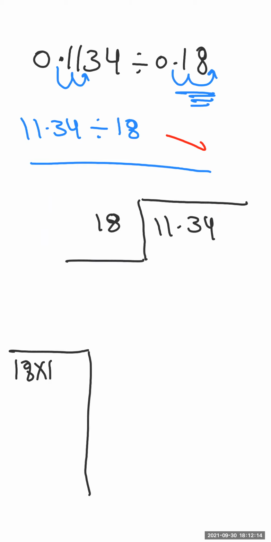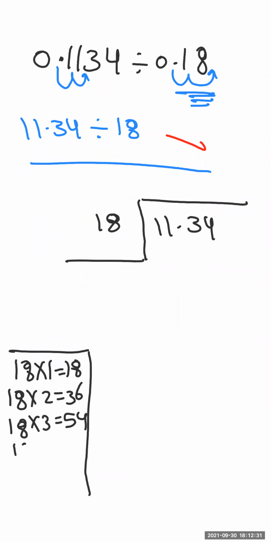18 times 1 equals 18, 18 times 2 equals 36, 18 times 3: 3 times 8 is 24, write 4 and carry over 2. So 3 times 1 equals 3 plus 2 equals 5. 18 times 4: 4 times 8 is 32, and then write down 2 and carry over 3. 4 times 1 equals 4 plus 3, it's a 7.